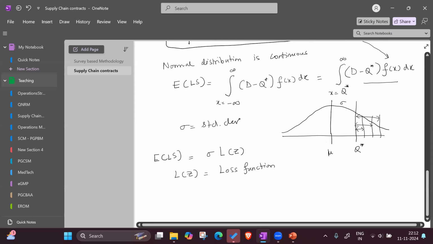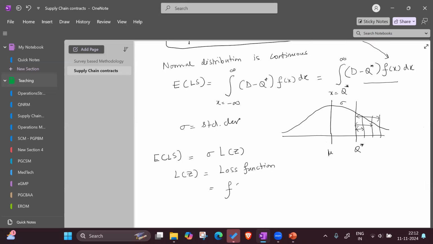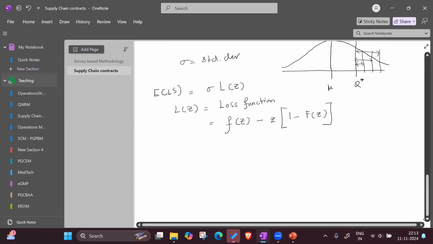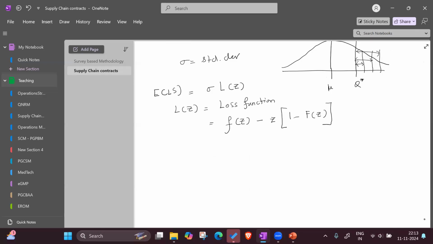L(z) is the loss function, which we can write as small f of z minus z into 1 minus capital F of z. This L(z), as you can see over here, is called the loss function. We have already seen what this small f and capital F are.